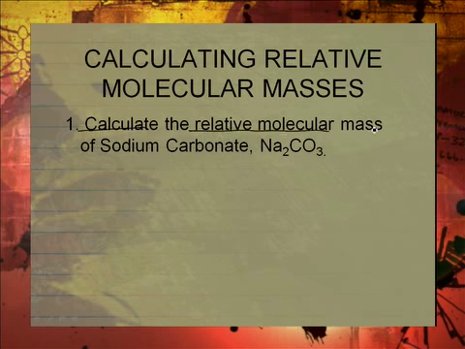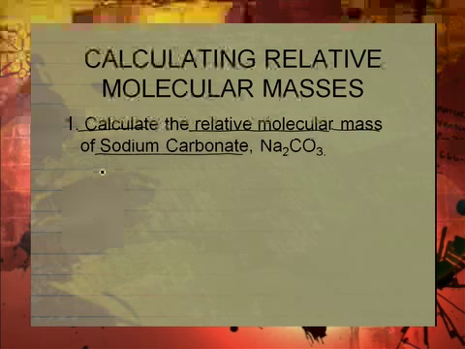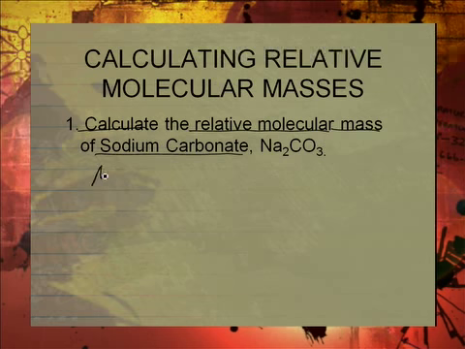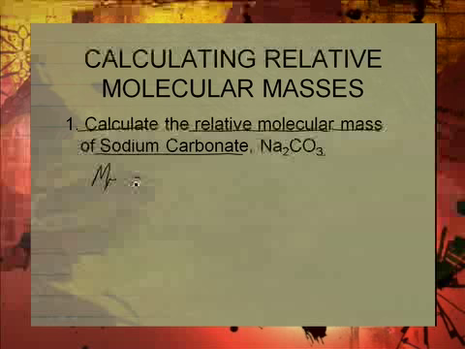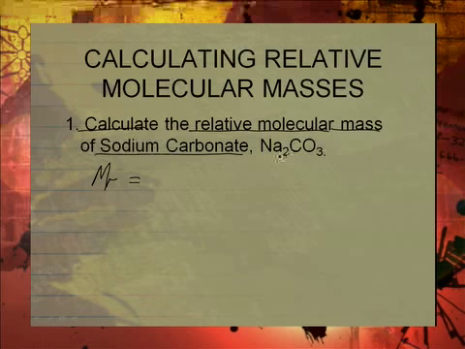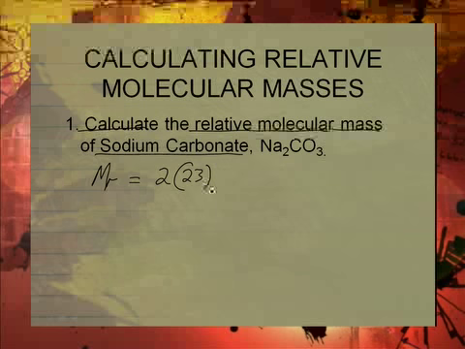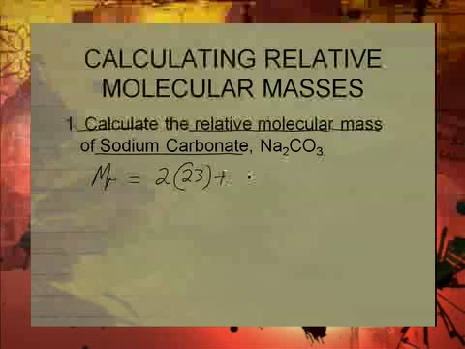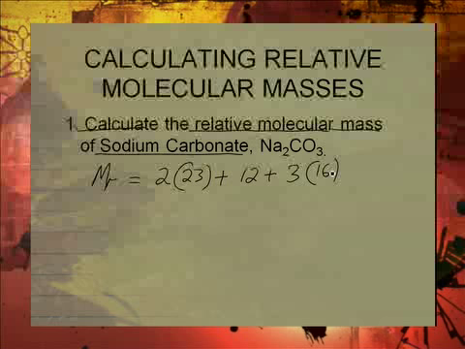Okay, now quickly let's do this calculation here. Relative molecular mass of sodium carbonate. Look, you would say that the relative molecular mass there will be equal to, for sodium you have got 2 sodiums, 2 off. In the periodic table, sodium is having 23, plus carbon, we will use the 12, plus oxygen, 3 into 16.